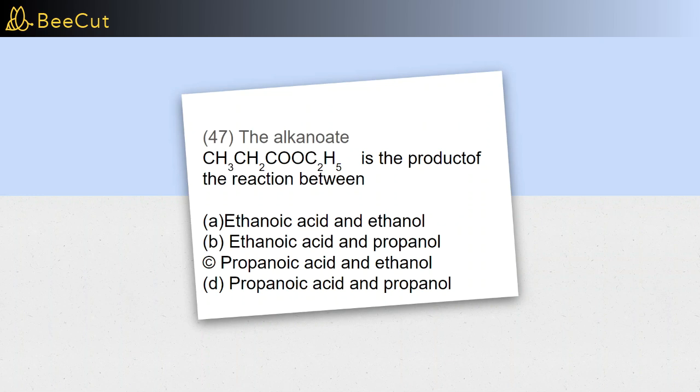CH3CH2COO has 3 carbons, showing the propanoic acid reacting with C2H5, which is ethanol. C is the correct answer. Propanoic acid and ethanol will form ethyl propanoate.